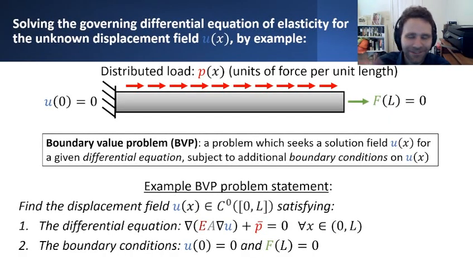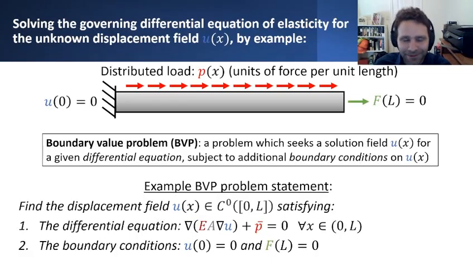So I'll give you an example just to make things a little bit more concrete and to tie back to some of the investigations we did early on in the class. We'll revisit this example of a simple one-dimensional member which has uniform cross-sectional area and uniform material properties, so the Young's modulus is constant, and it's subjected to this uniform distributed load, P, which has units of force per unit length.